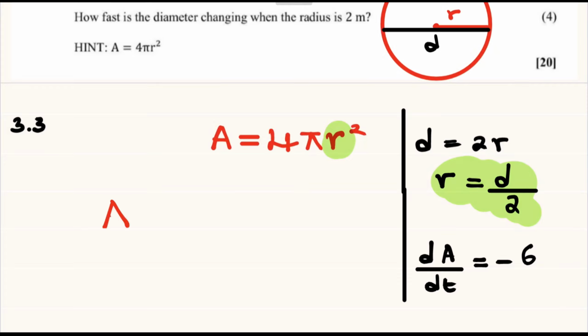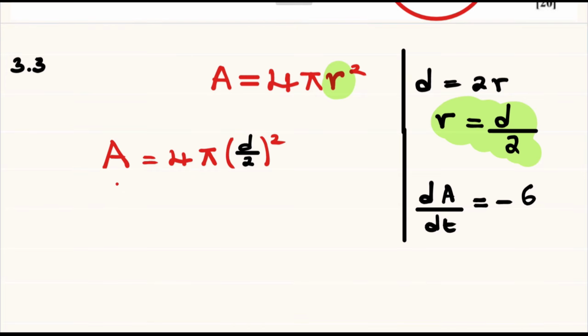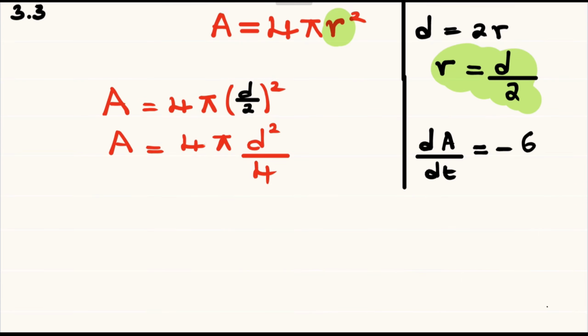So we have A is equal to 4 pi, and in the place of the r, we substitute the diameter divided by 2, and this will be squared. We simplify, so the surface area will be equal to 4 pi, and the d squared will just be d squared. 2 squared will be equal to 4, and from here the 4 divided by 4 will be 1. So we have the area is equal to pi multiplied by diameter squared.